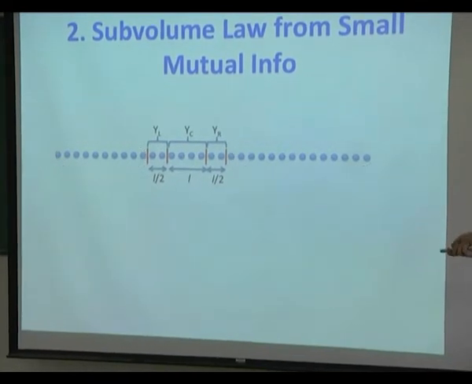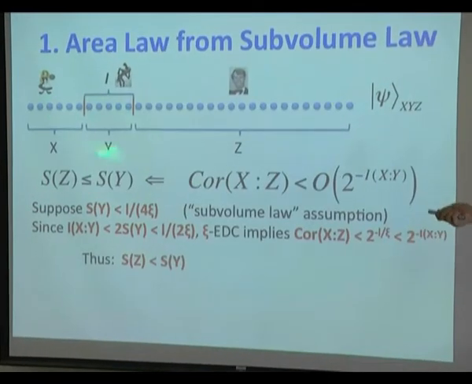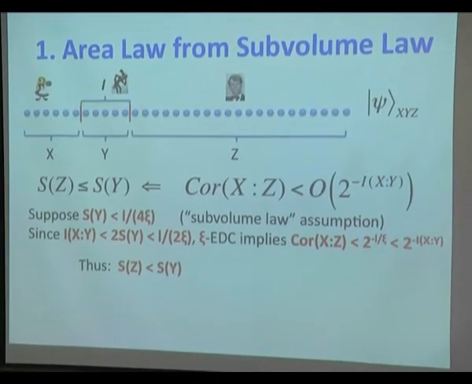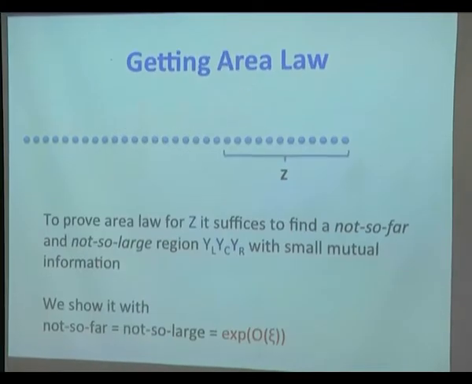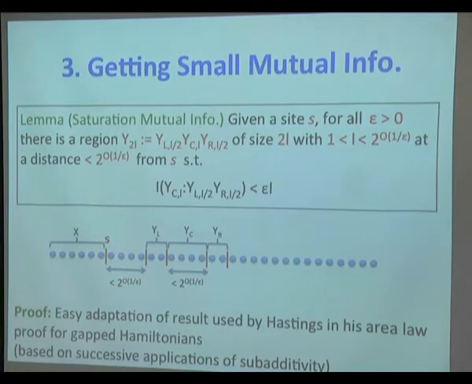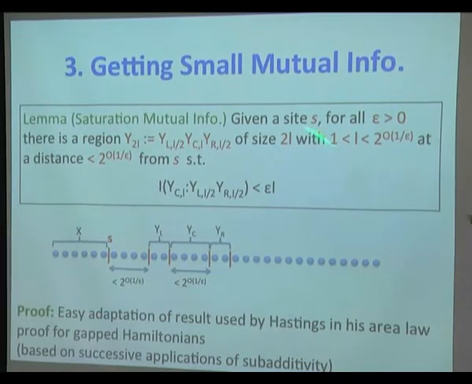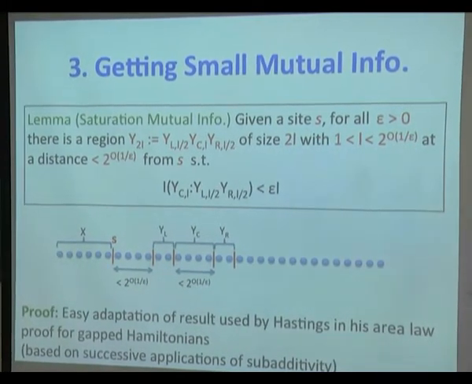And from the argument I showed you, from this assumption of subvolume law we get area law. So that's the proof. It's these 3 steps. In 2 of them we use decay of correlations plus this lemma on entanglement distillation. The last one is just a general feature of correlations in quantum states, and it holds true classically as well.